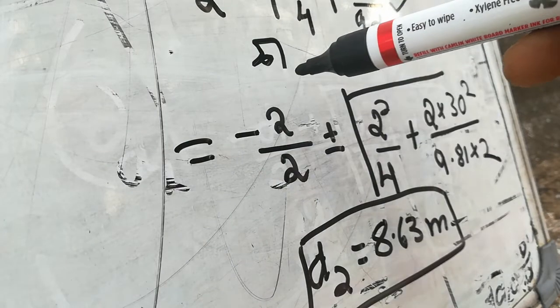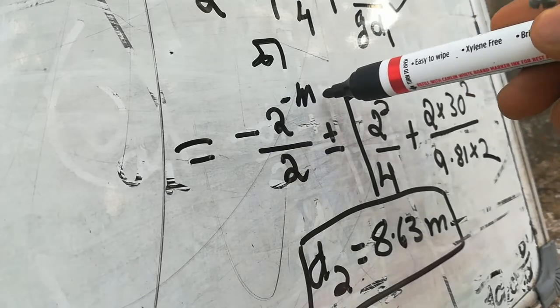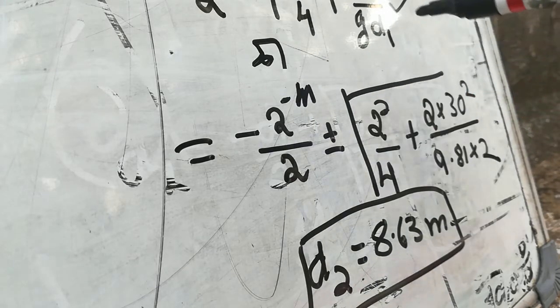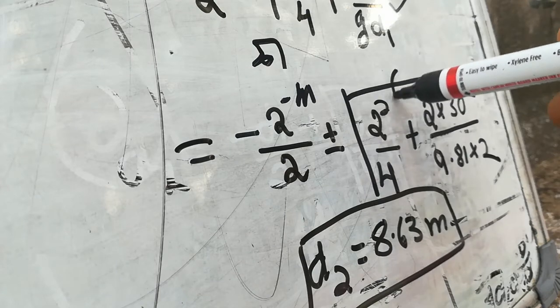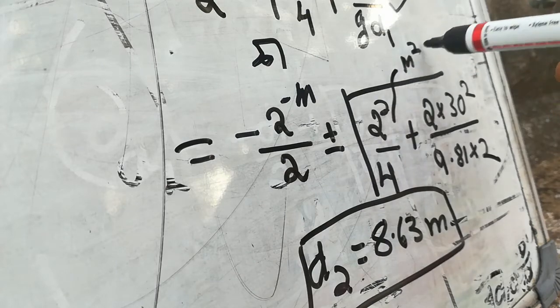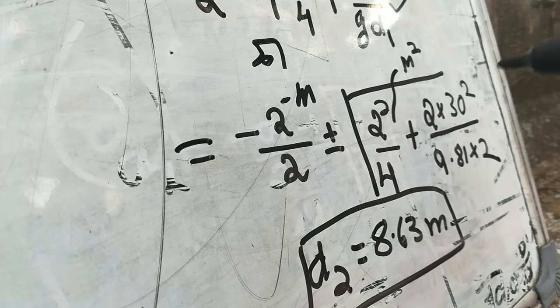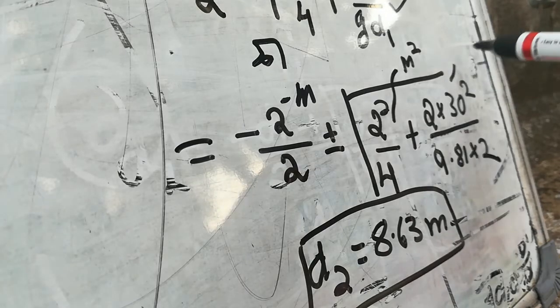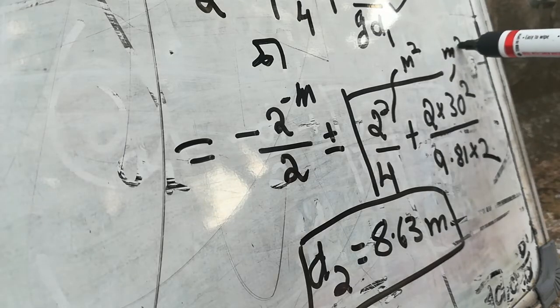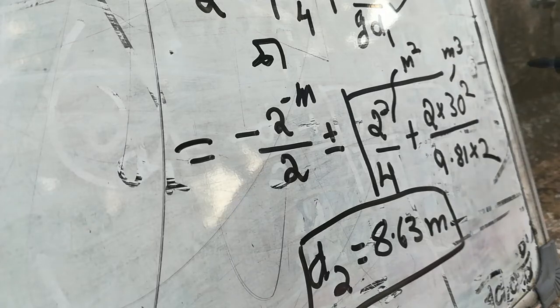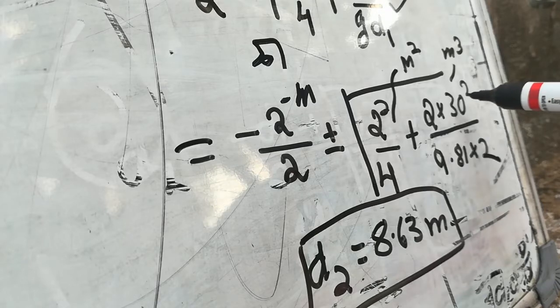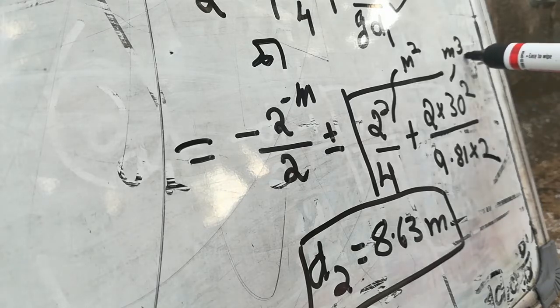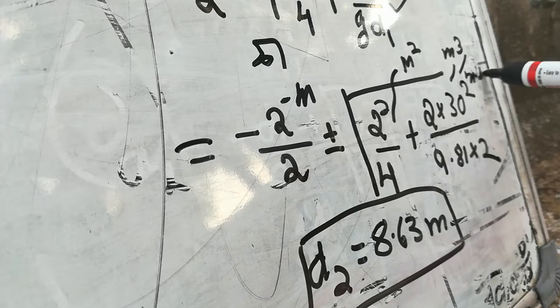This is in meter, minus meter, plus this value meter square, and this one Q is meter cube per meter into second.